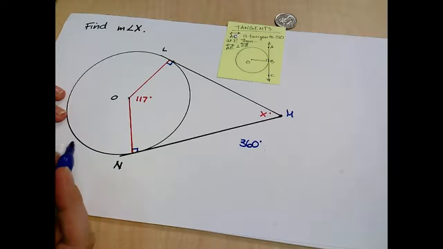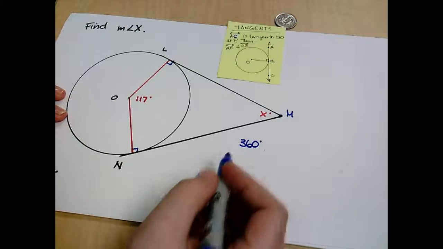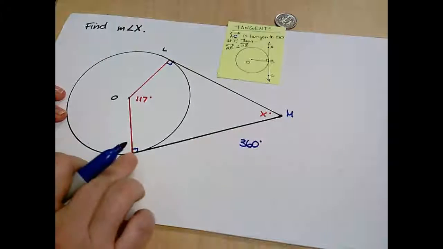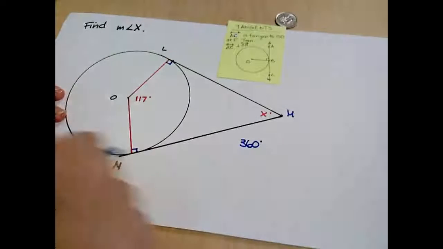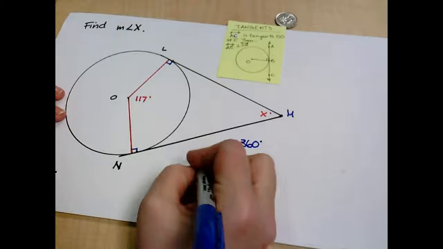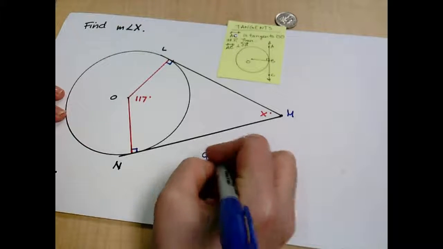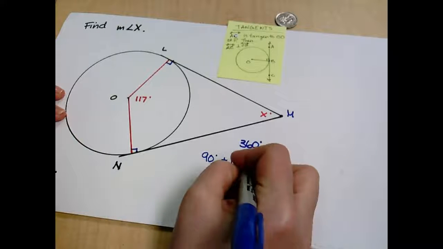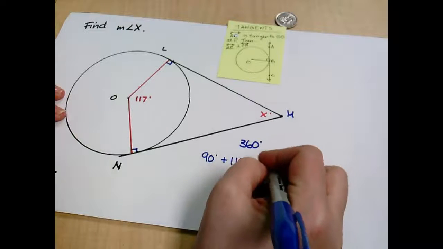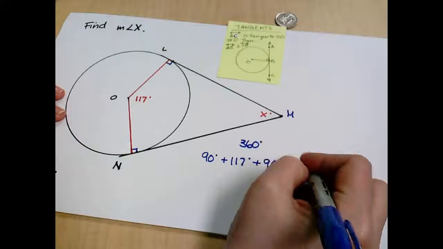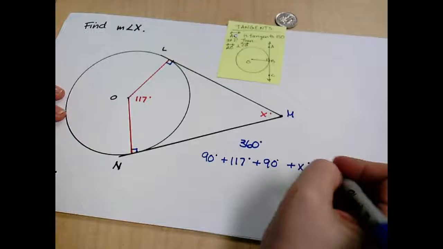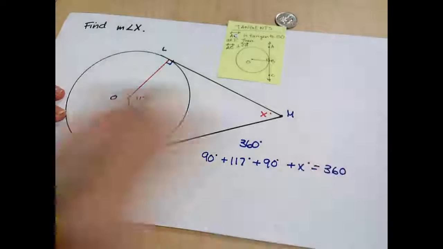Just like a triangle is 180, a quadrilateral is 360. So now I can simply take this and add the measure of my angles to equal 360. So 90 degrees plus 117 plus 90 plus x equals 360.